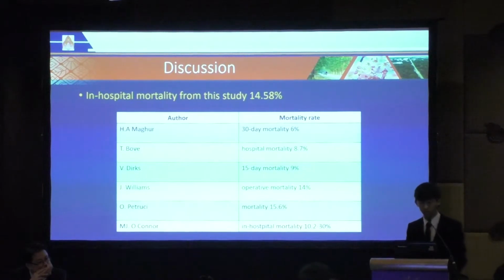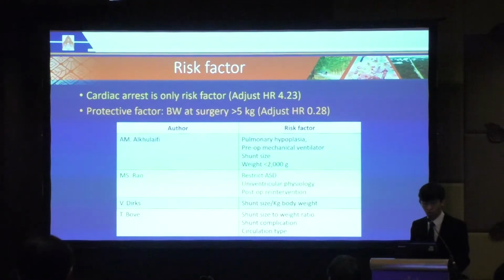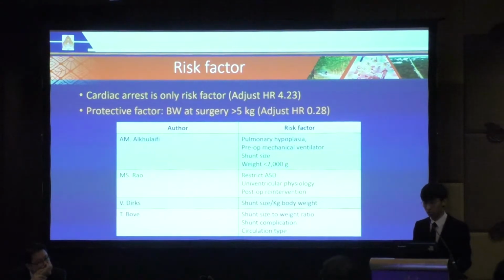In the discussion, in-hospital mortality of this study was 14.5%, and the secondary repair rate is 58%. The only 2 significant risk factors are cardiac arrest with hazard ratio 4.2 and body weight more than 5 kg with hazard ratio 0.2.